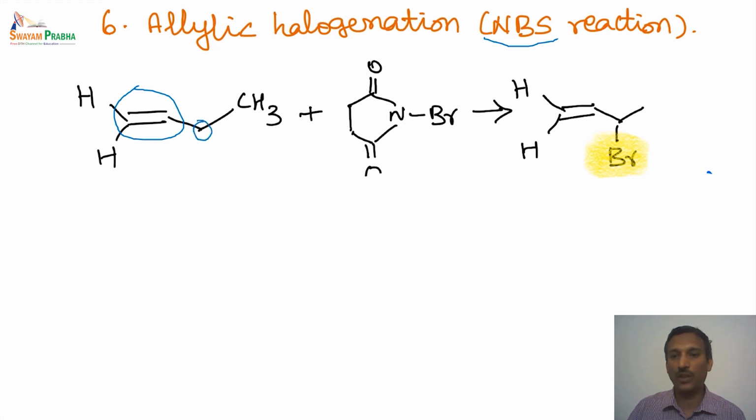So if you see here, nothing happens to the double bond, that means the double bond is not at all affected, and we get a bromination in the allylic position. So this reaction is a little bit different from the simple alkene addition reaction.